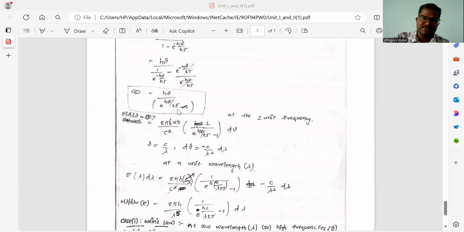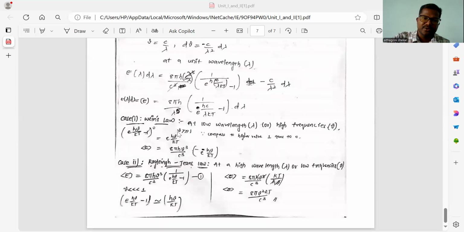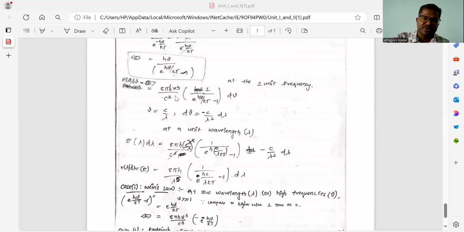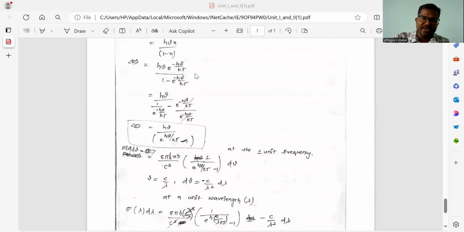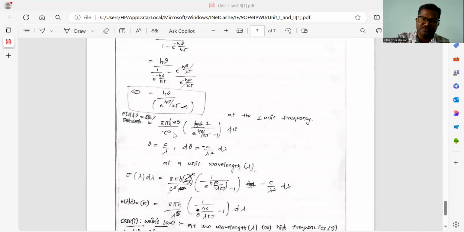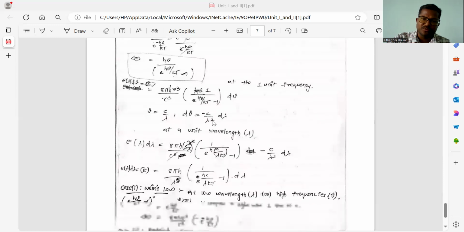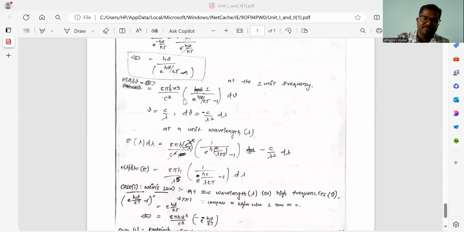So using this equation, converting lambda to frequency, the number of modes per unit frequency is 8 pi h mu cubed by c cubed, into 1 by e raised to h mu by kt minus 1.